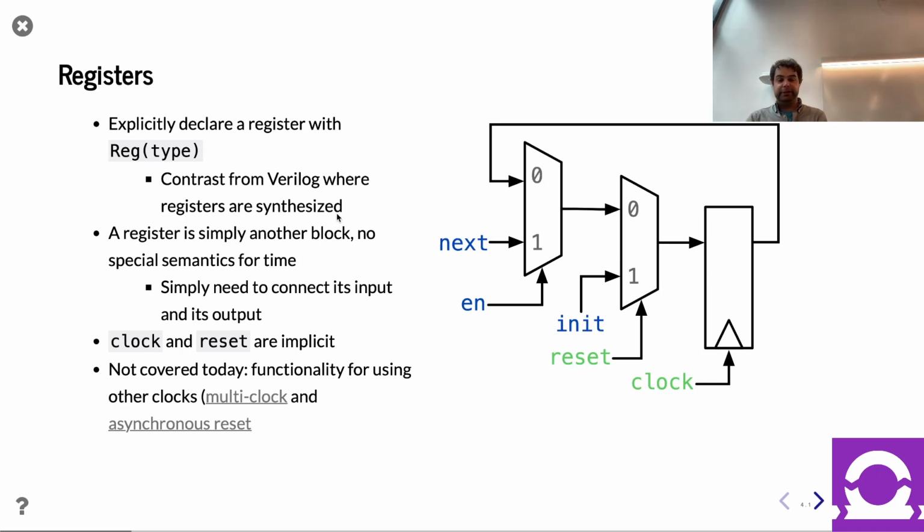You're still instantiating registers, connecting them up. That's all handled. Things like clock and reset are implicit. So you don't have to pass around the clock signal and reset signal all the time. Those are passed through your modules. You've seen those in the Verilog already. Now, of course, maybe sometimes you want to do something more unusual for your reset or your clock, perhaps have multiple clock domains. There are ways to do that in Chisel. You can look it up in the documentation.